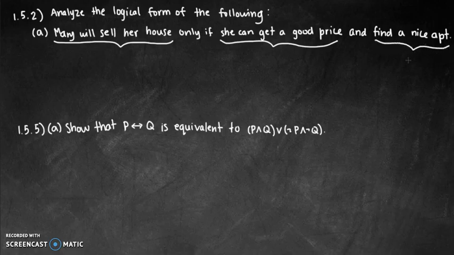But actually that's not true because we want to look at this only if here. So we can also think of the statement reworded as, only if Mary can get a good price and find a nice apartment, would she then sell her house.